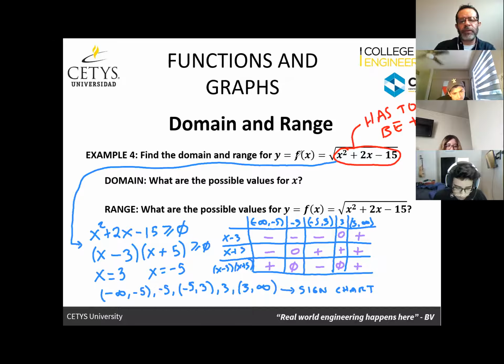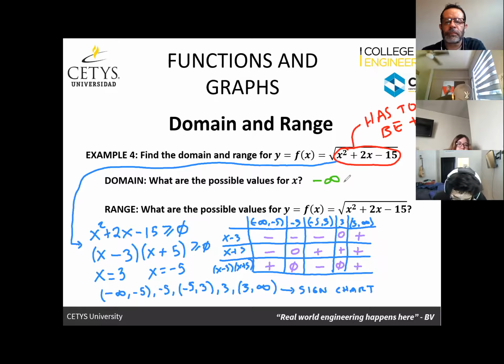Now, Anna, what would be the ones that we're going to be using then? What intervals? We're going to be using negative infinity until negative 5. Included or not, the 5? Yes, brackets.